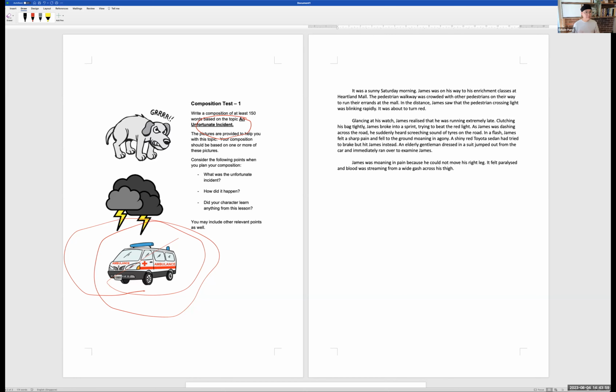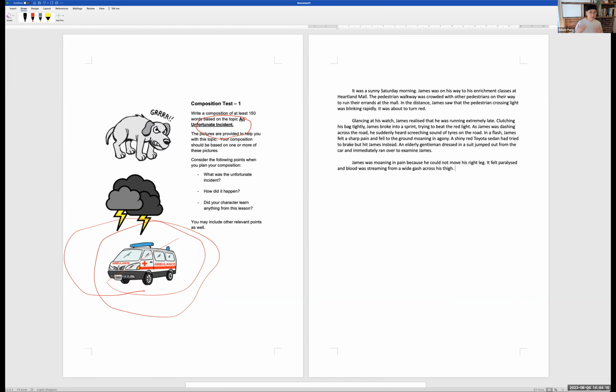So I'm describing the injury, right? I'm giving you detail, right? So there's blood streaming from a gash or a cut on his thigh. He can't move his leg, right? Because he's been hit by the car on his right leg, okay?